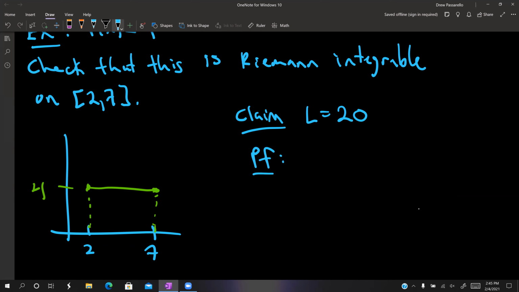All right, so I have the interval 2, 7. So I'm going to partition it in any way.